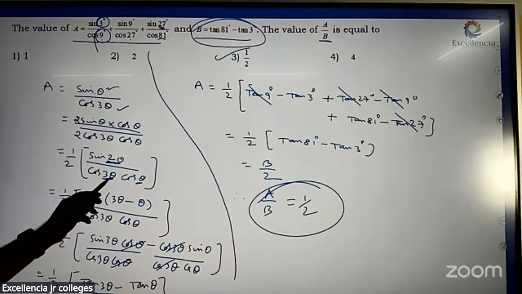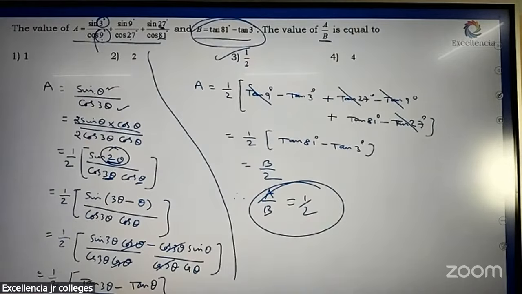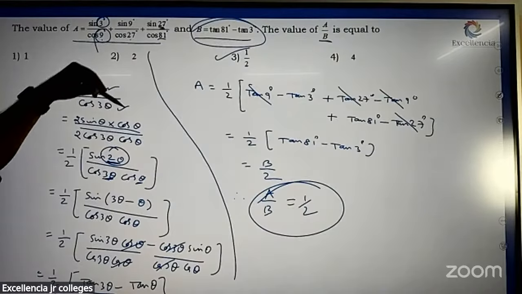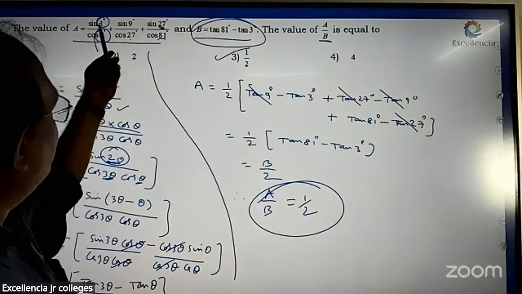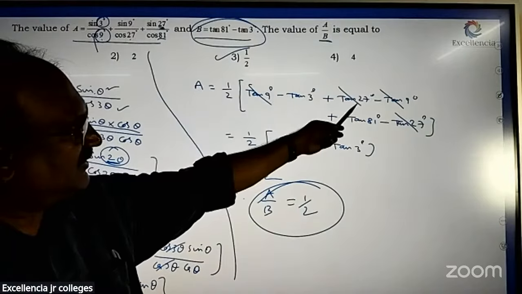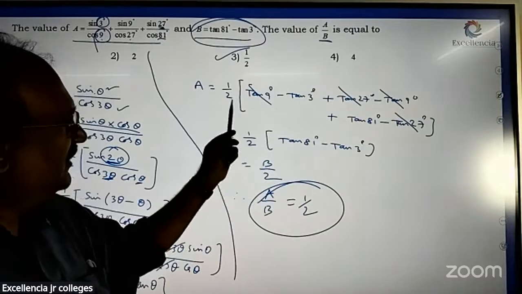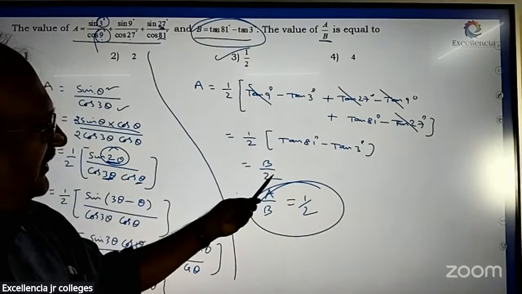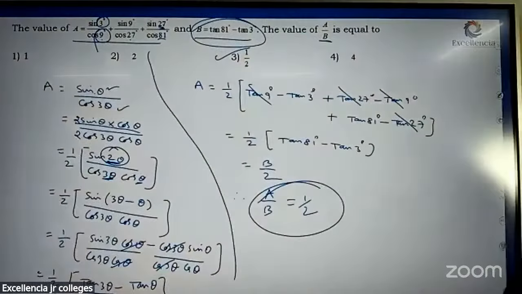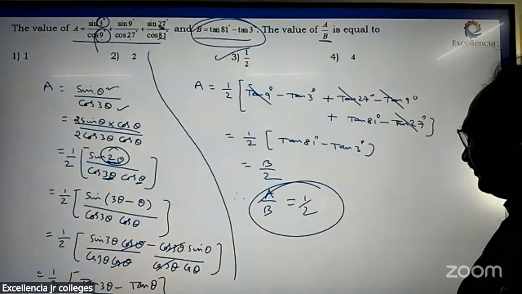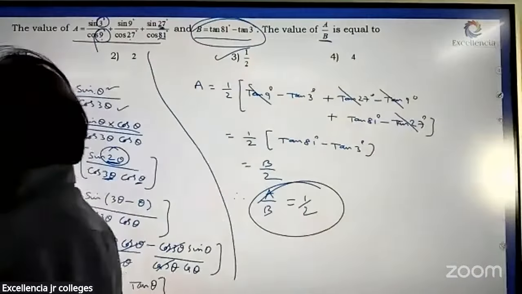Now sin 2 theta I can write as the difference of two angles, then split this, and we get the first part. Now in the place of each term, we write like this. By taking first theta as 3 degrees, next theta 9, next theta 27, I am writing this. But this is nothing but B given. So A by B is 1 by 2. This is also, I can say, moderate to difficult, but many times it was given in examinations.